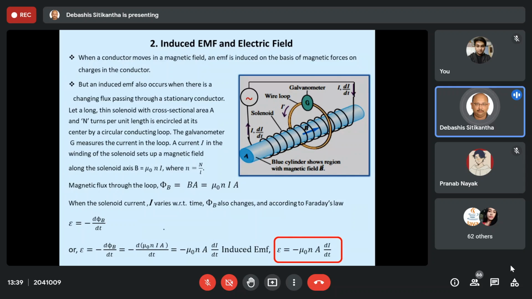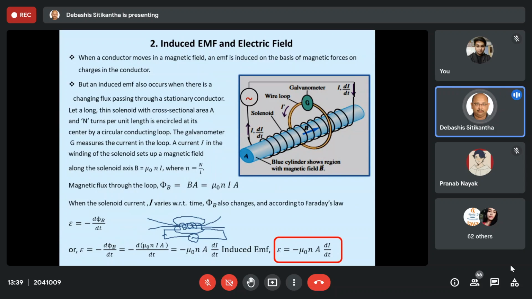So basically, let us say you are having a coil over here. This coil is energized from an AC source. If it is connected to an AC source, what is going to happen? Since it is a closed circuit, obviously an AC current is going to flow. And if an AC current flows, then the magnetic flux created by this particular coil is also going to be alternating in nature.